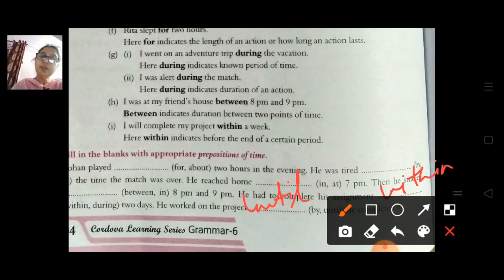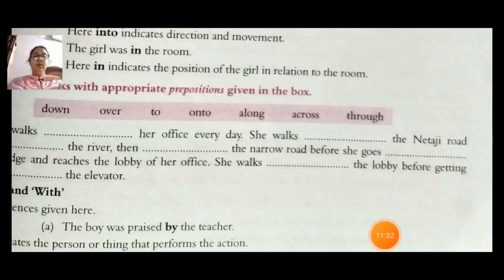Now we are moving to solve number E exercise. Please turn over the page, children, this is page 104, and we are on 105. So children, we are going to solve number E exercise, and in this exercise you fill in the blanks with the appropriate preposition given in the box: down, over, to, onto, along, across, through.